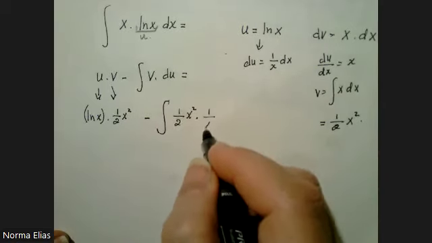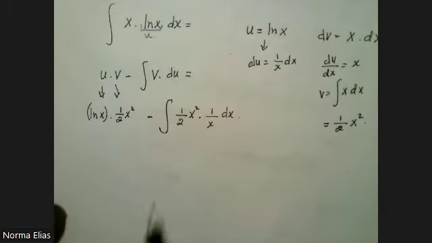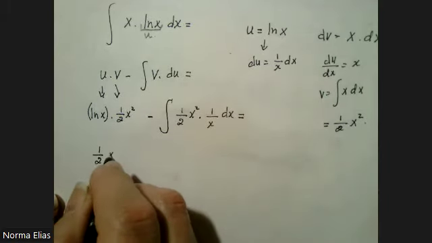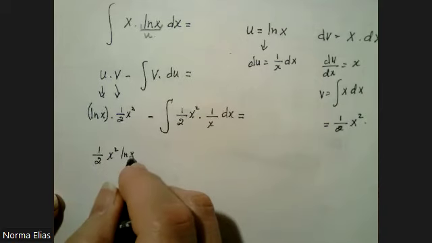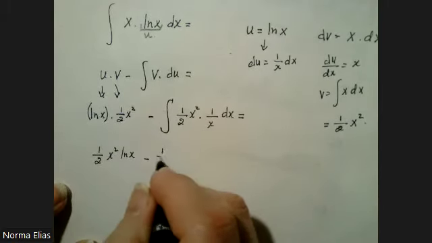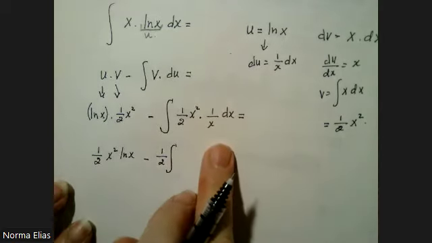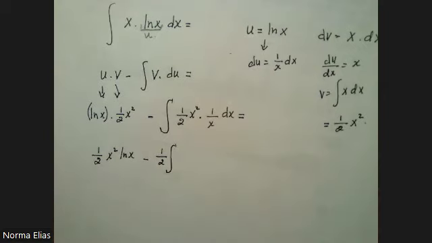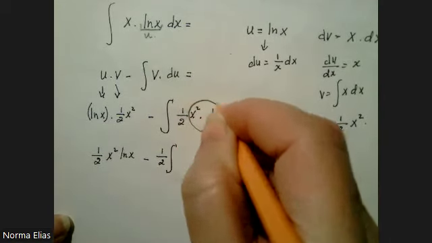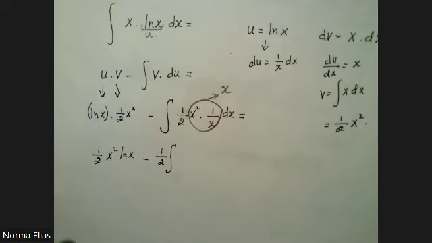The du is 1/x dx. Okay, so this is going to be equal to 1/2 x squared ln of x. I just switch them around because it's nicer to write it this way. Minus 1/2 is a constant. Now I definitely am not gonna break this integral. We remember we cannot break, we just simplify. x squared times 1/x. So it's x squared over x, which is x.